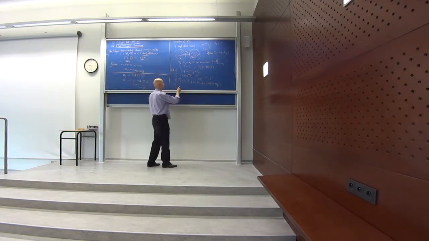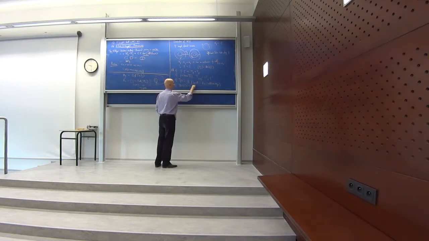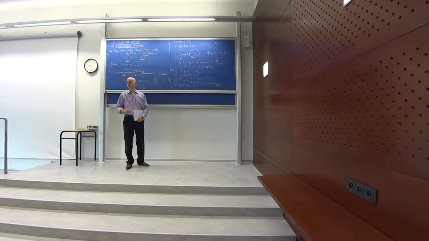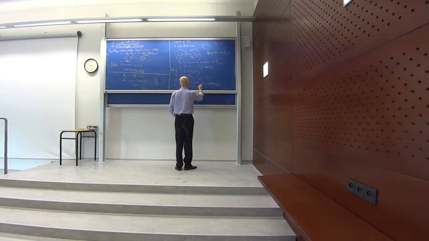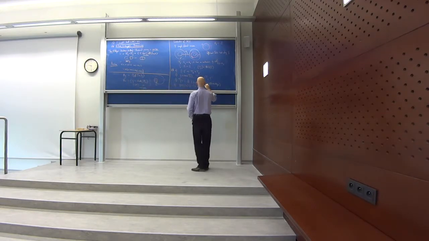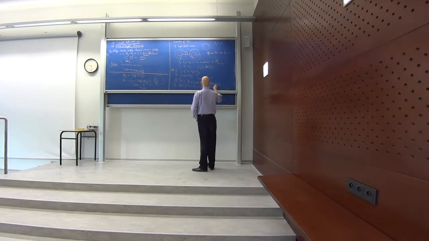Now you could see that the mapping class group of an annulus, S1 cross [0,1], actually has nothing else than a Dehn twist, so it equals Z, and this Z is generated by one Dehn twist. It is this one, around the middle curve.